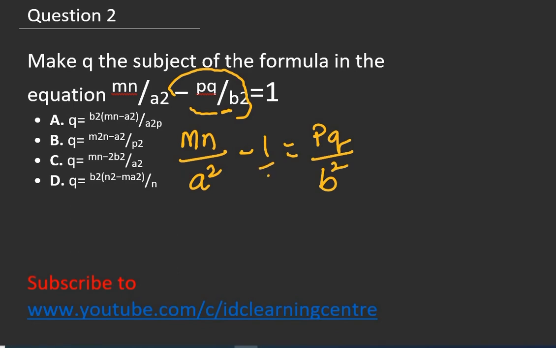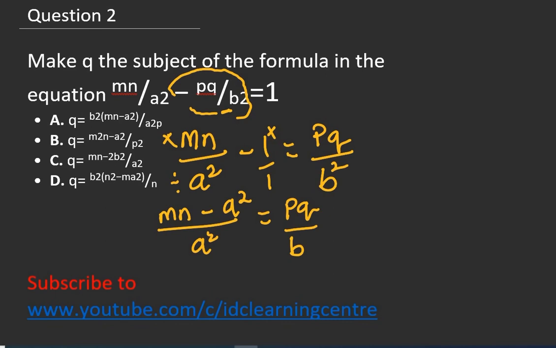Same thing as for 1. Let's look for the LCM of a squared and 1 to give me a squared. So we divide by this denominator and multiply by the numerator. a squared divided by a squared is 1. 1 times mn will give me mn minus 1 into a squared is a squared. A squared equal to pq over b squared.